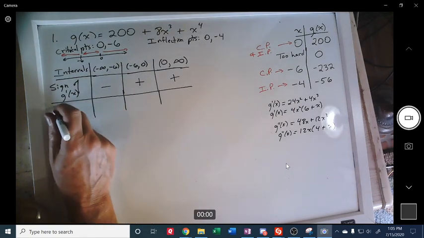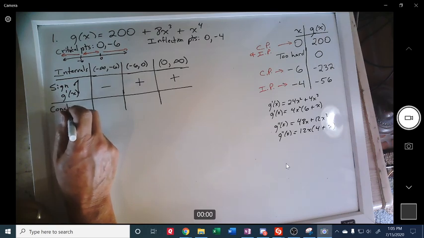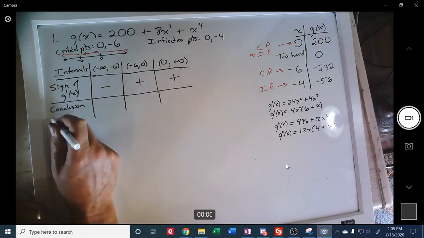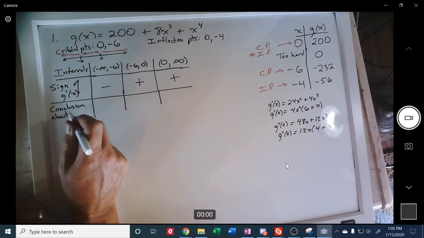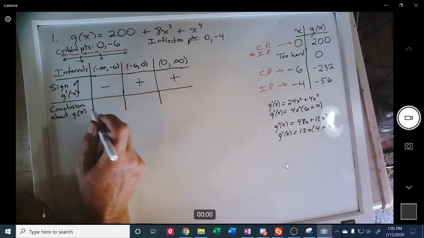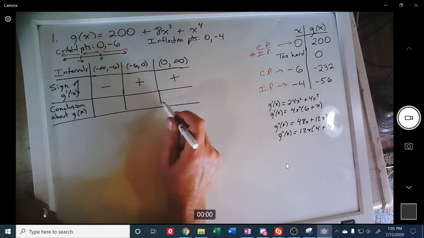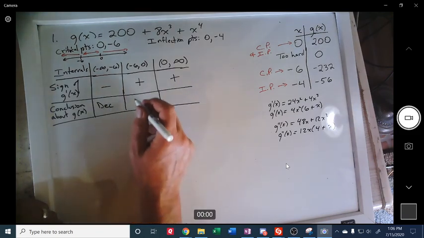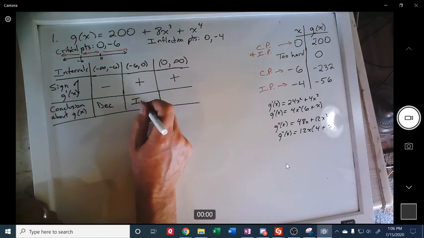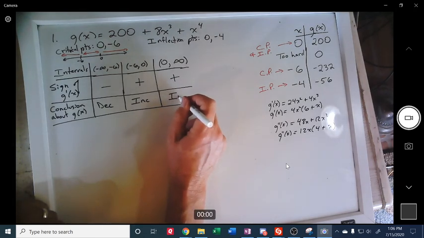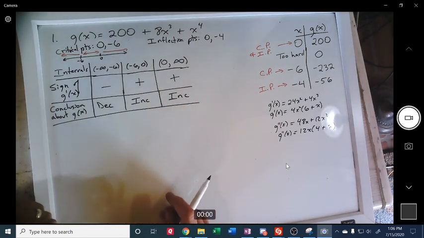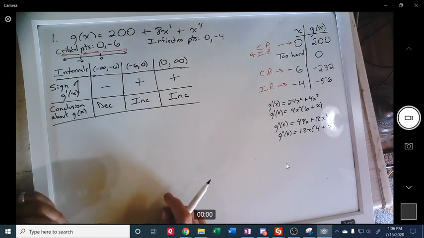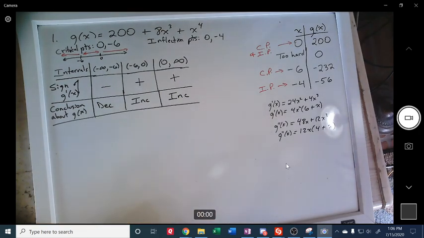Now, conclusion about g of x. If it's negative, it's decreasing. If it's positive slope, it's increasing. So, right here I have my intervals of increasing and decreasing.